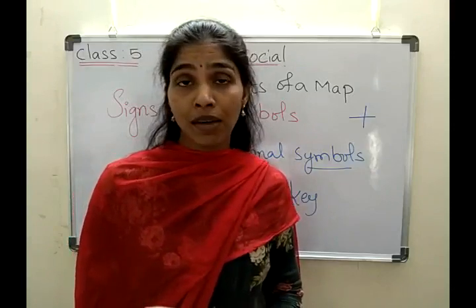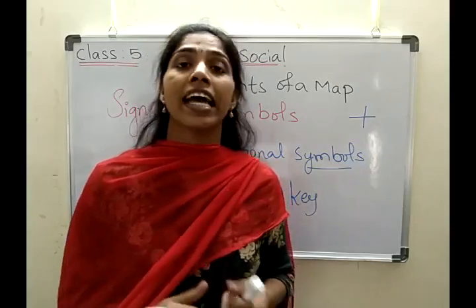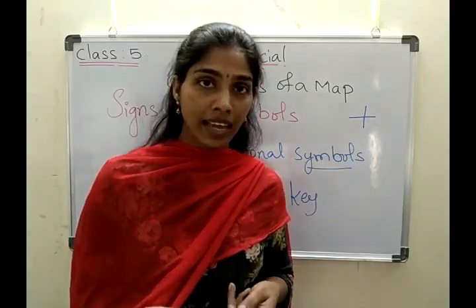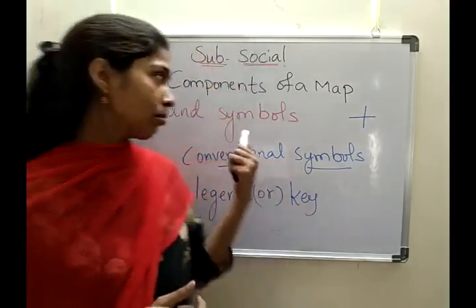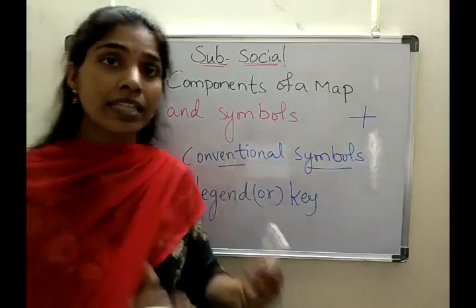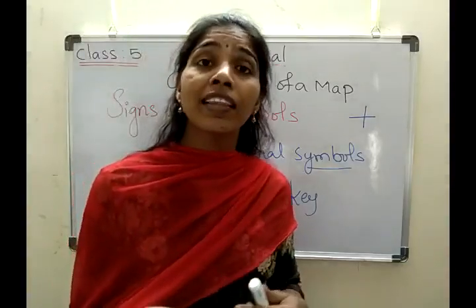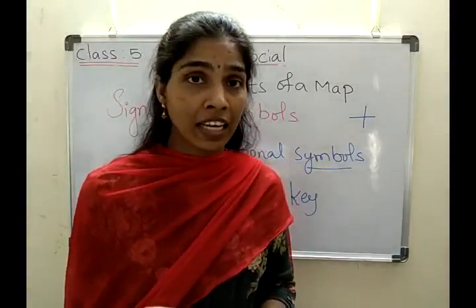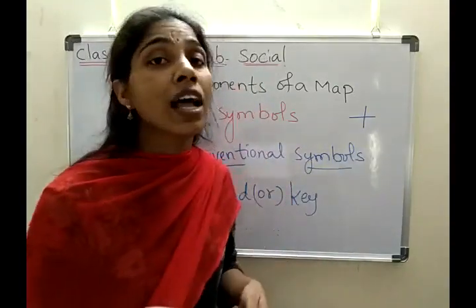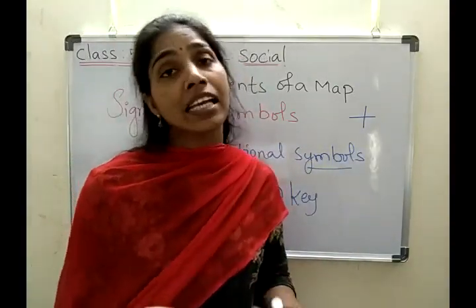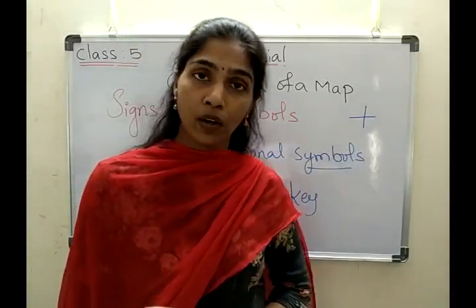What are components of a map, children? Very good. Directions, scales, colors and signs and symbols. So these help us to read the map very easily. If someone wants to read the map, these components help to read easily and accurately.